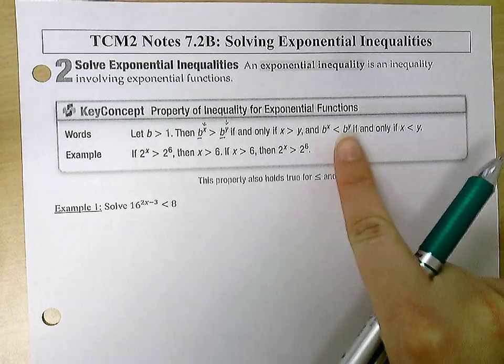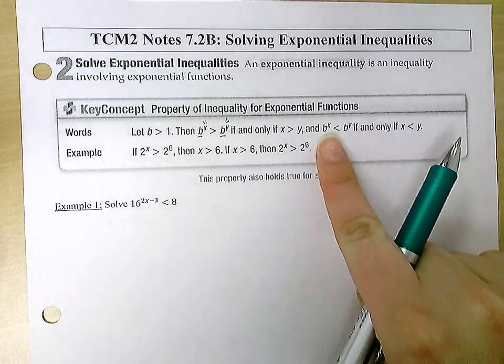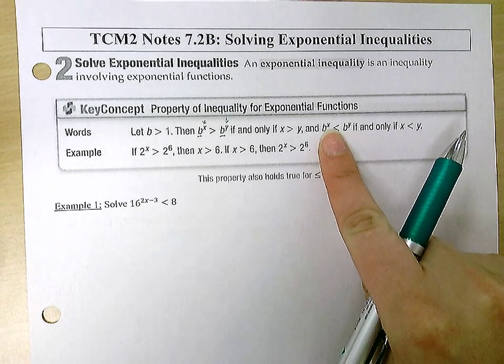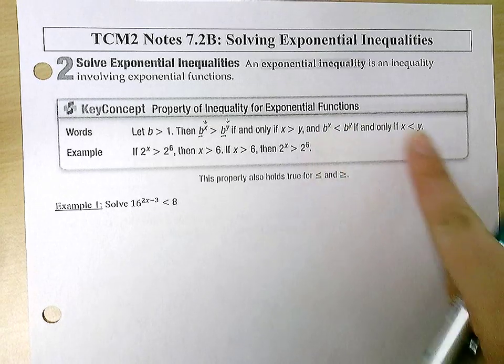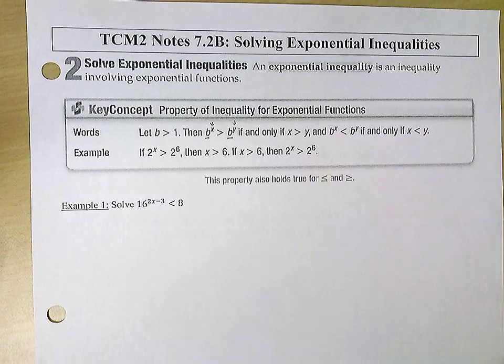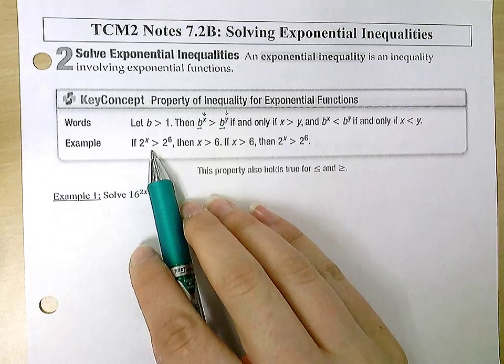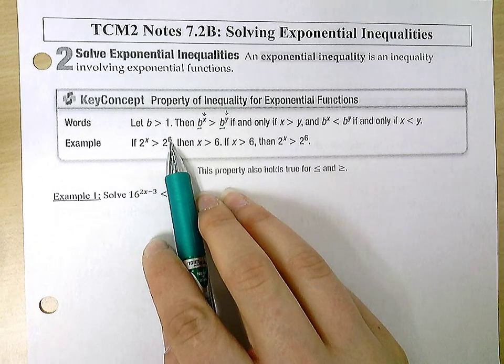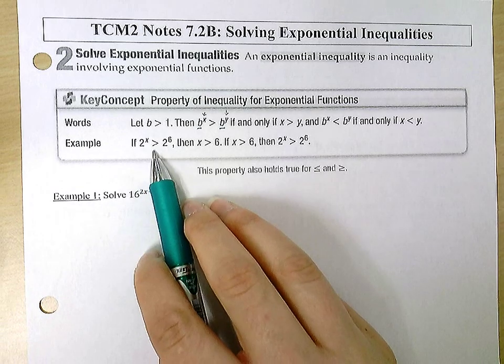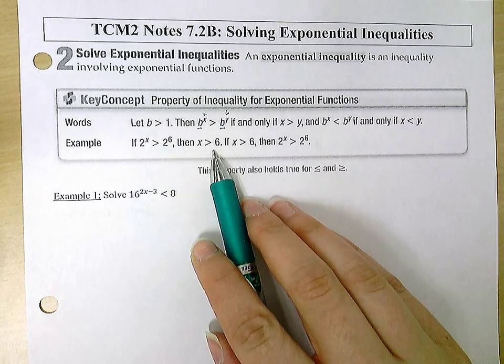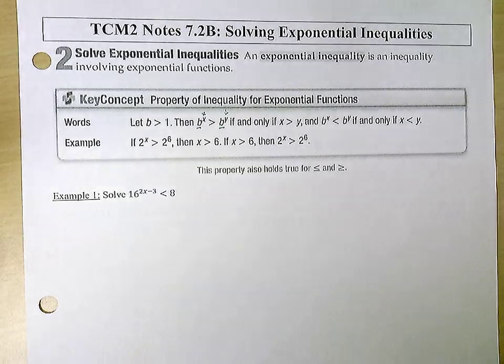Same thing if it was less than: if your bases are the same, then I can say x is less than y. So an example: if I have 2 to the x power is greater than 2 to the 6th power, then I can say x is greater than 6, since my bases are the same.